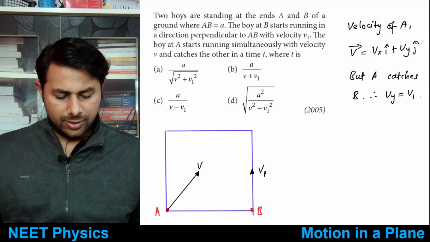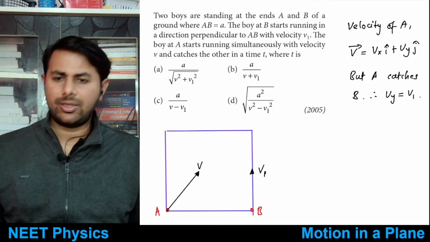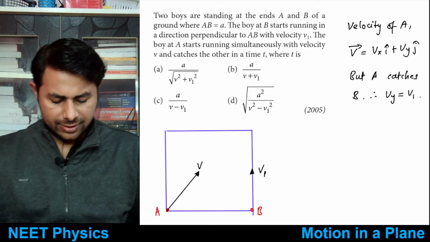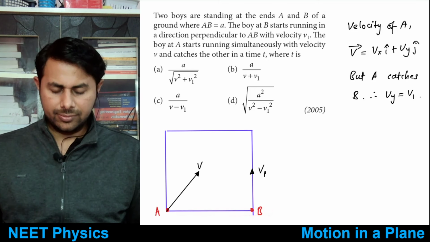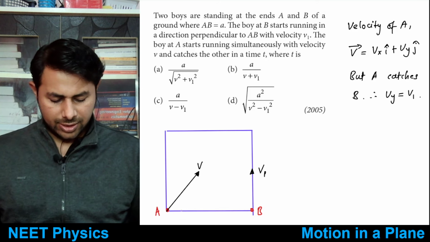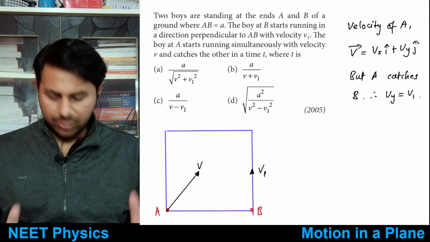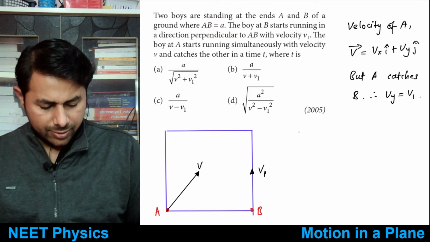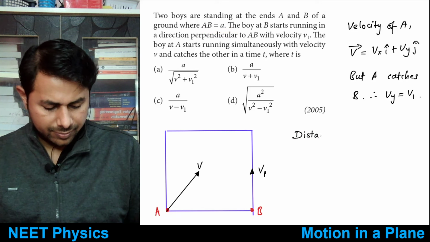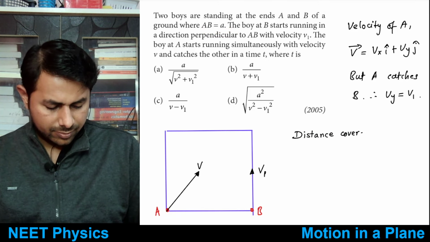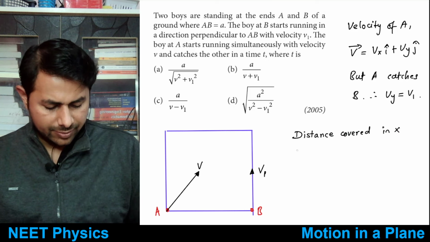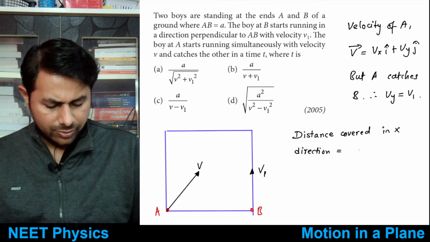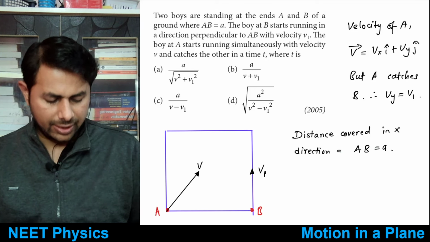Okay, so then we want to find out the time, that is the thing. What will be the distance covered in x direction in that time? Distance covered is equal to the length of the ground AB, and AB is equal to a. So the distance covered in x direction is AB, that's equal to a.